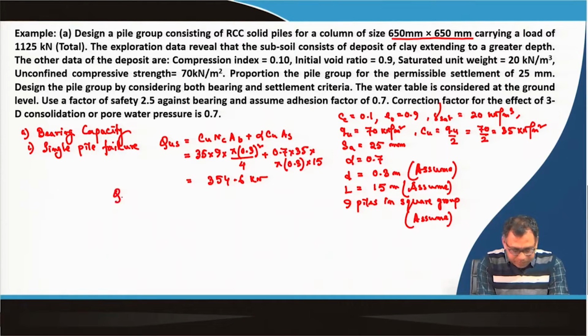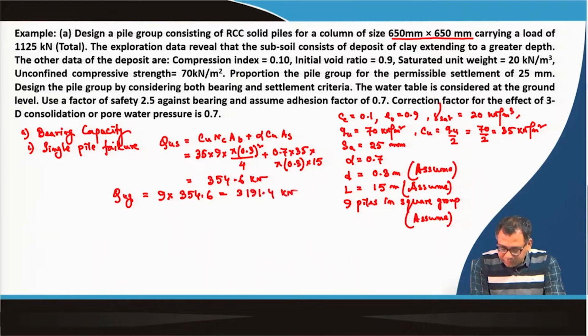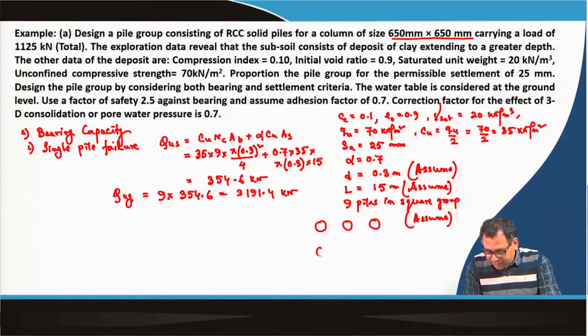The group load carrying capacity based on the single pile failure will be 9 into 354.6, that is 3191.4 kilonewton. So that is for the single pile failure consideration, and we have the 9 piles in a square group.